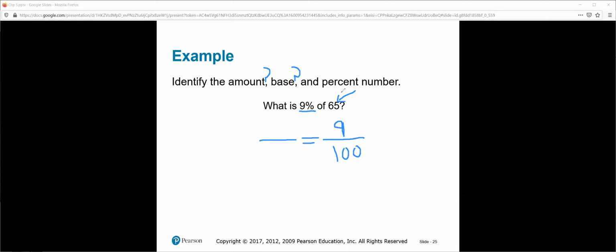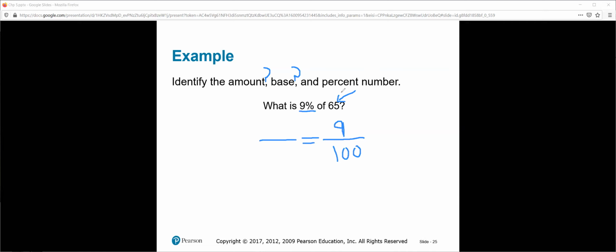9% of 65. Okay, is that the smaller number or the bigger number? 9% is a very small percent, right? 9 cents doesn't buy you anything out of 100 cents, right? So 9% of 65, does that read as the answer should be larger than 65 or less than 65?